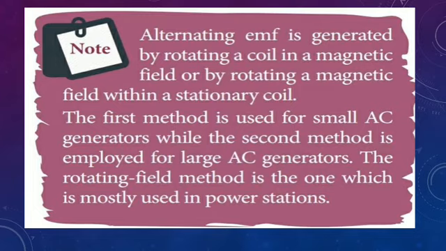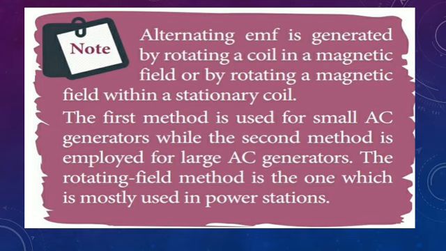Now there is a note. See this: alternating EMF is generated by rotating a coil in a magnetic field, or by rotating a magnetic field within a stationary coil.